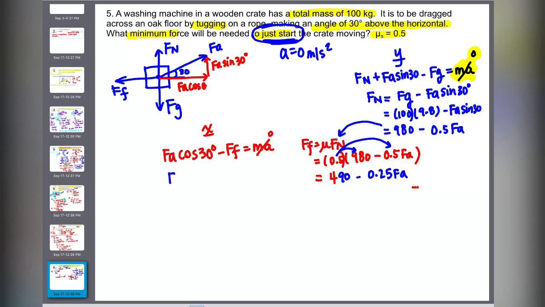I can sub it now into this other equation. I'm going to clean this up first just because there's a negative FF. I thought it would be easier if I just swing my FF to the other side and make it a plus. So FA times cosine 30 equals 490 minus 0.25 FA.